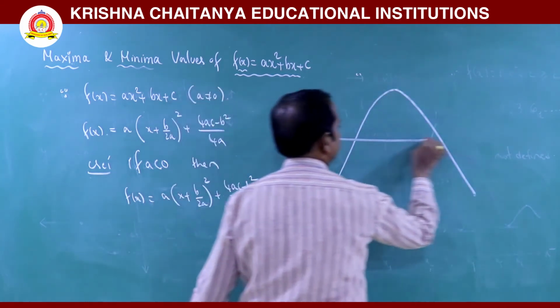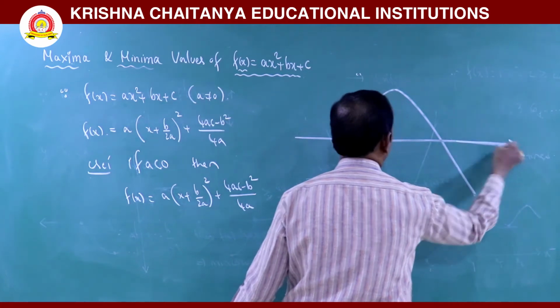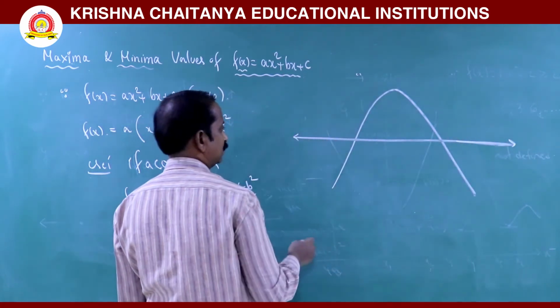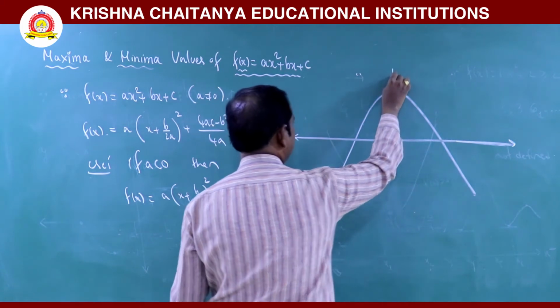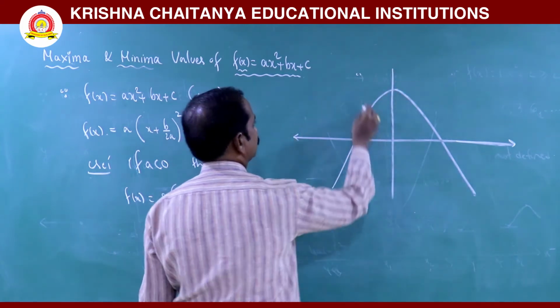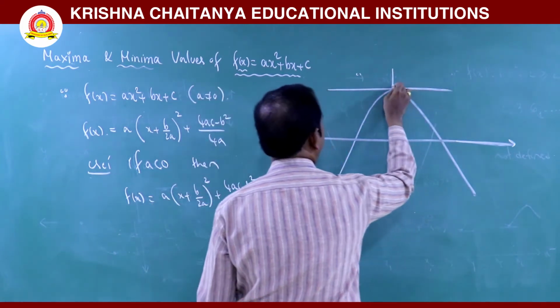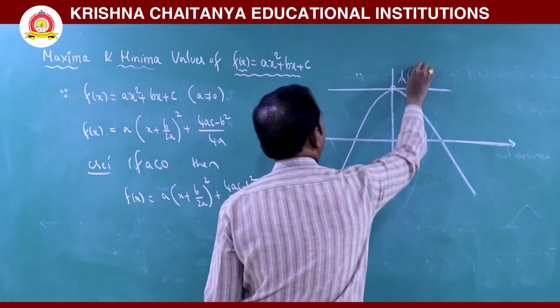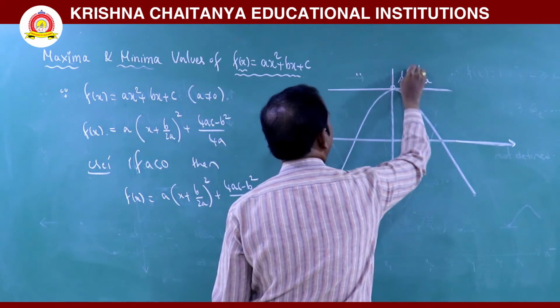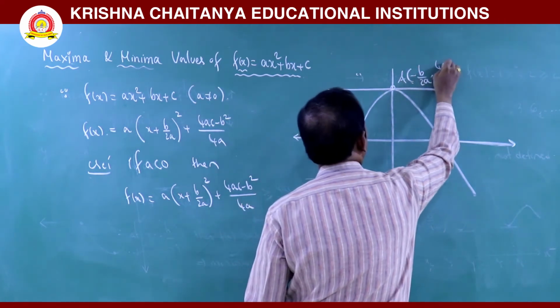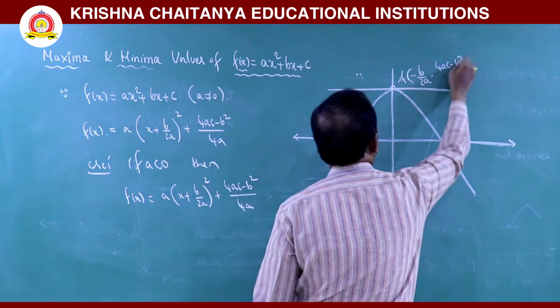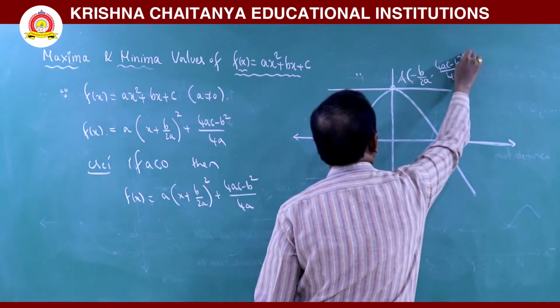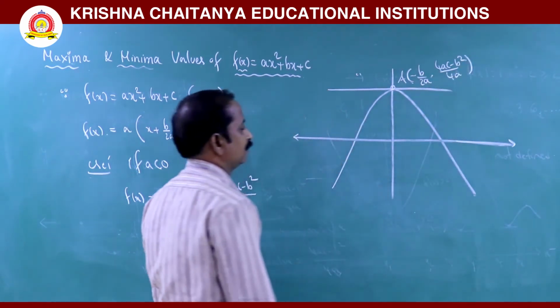Consider this as the real line, the x-axis. This is the symmetric line, and this point is called the vertex. We know the vertex is (−b/2a, (4ac − b²)/4a), otherwise simply −Δ/4a.